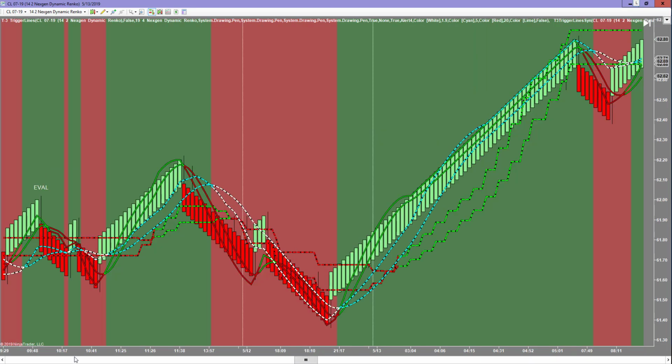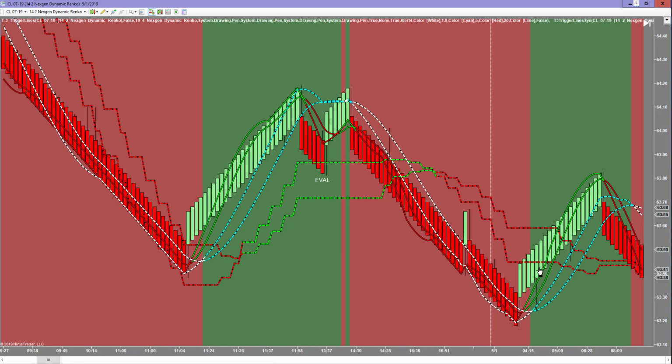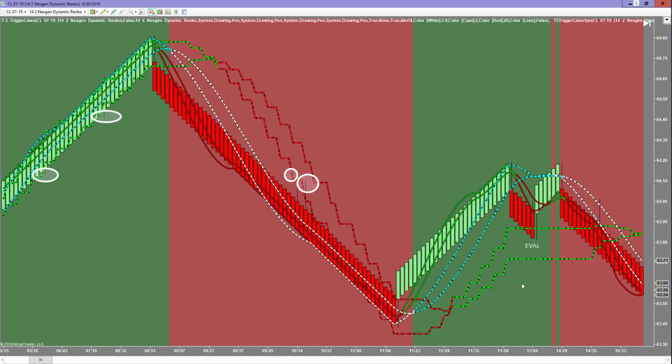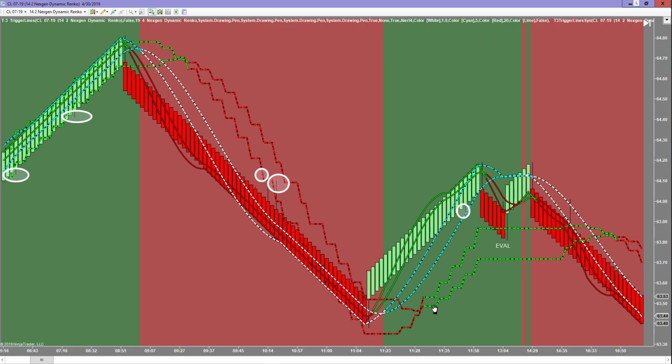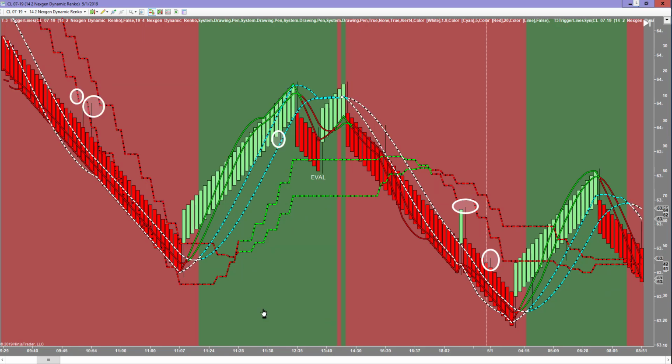I can go back to the beginning of May or even further, right? I can go back to April and I can do the same thing. I can go in and draw circles where all the tails are. And then you go back and you study what happened on the small charts in those areas. And it doesn't take long for you to see the right pattern for trend trades.